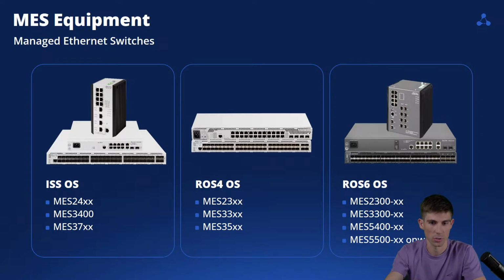With ROS6, you can tell the version based on the naming. The naming changed from, say, MES 2348P, which is now known as MES 2300-48P. So we moved the number of physical interfaces after the dash to the right part of the name of the device.